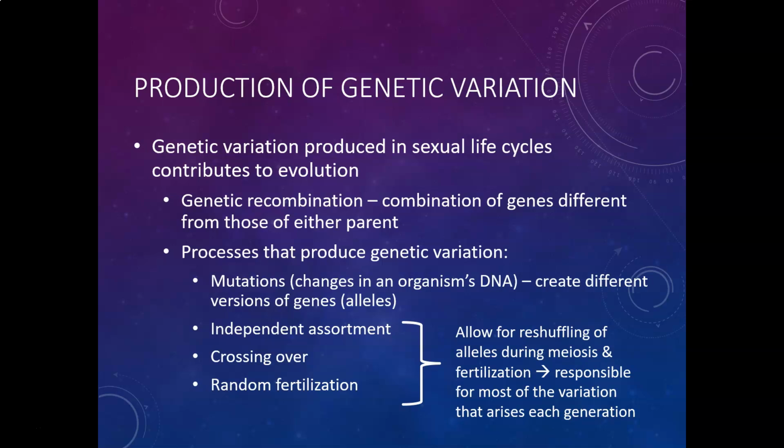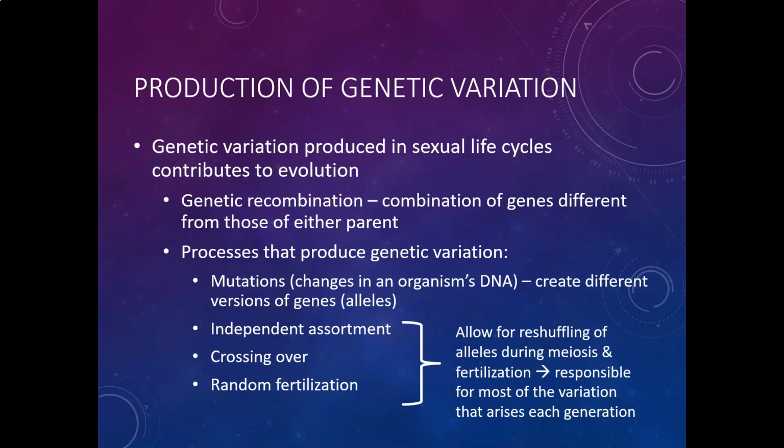And that's really just the shuffling of genes around, ensuring that when I produce that offspring, it isn't a clone of all of my offspring, nor is it a clone of myself or my mate. And so that genetic recombination, that combination of different genes, comes from the independent assortment, the crossing over, those two processes that happen to your genetic information before you pass it on in the production of your gametes via meiosis, and then the random fertilization itself.